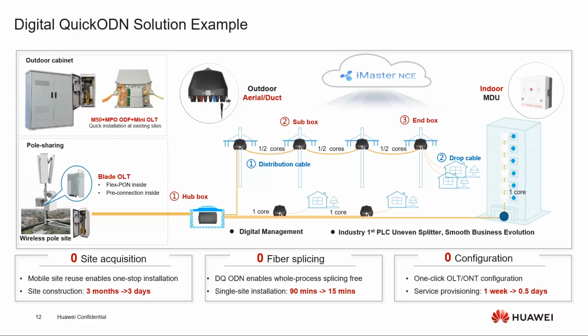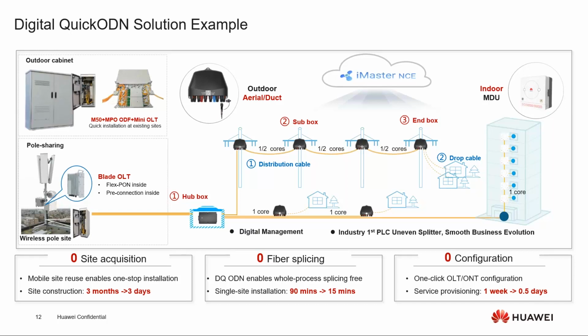For FMC scenarios, Huawei has launched the AirPON solution, which includes the Blade OLT and QuickODN. It helps mobile operators quickly develop high-quality gigabit fiber service. This solution has the following features: zero-site acquisition by reusing existing global base stations, zero fiber splicing by end-to-end pre-connect solution, and zero configuration to save provisioning time.